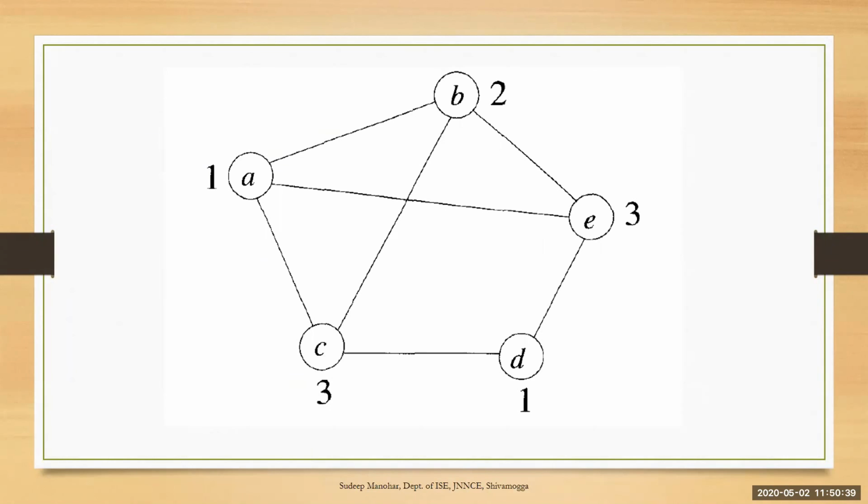For that purpose, they go for this technique called graph coloring. Each city is considered as a vertex of the graph, and the colors are allotted based on the requirement. That is how graph coloring is done, and that is its application.